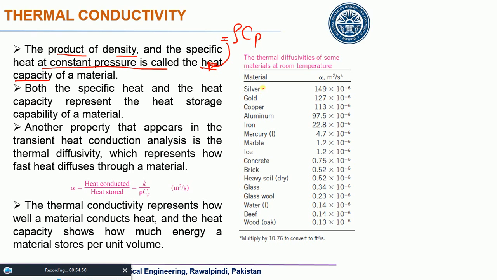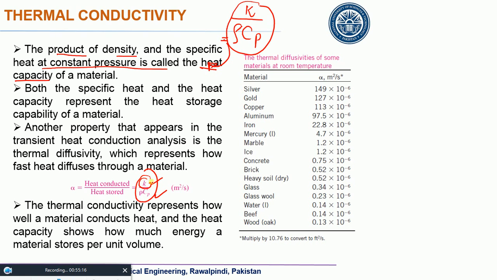What you can do is always take the ratio K over rho Cp. Now ideally this K over rho Cp would give you what? A comparison of the heat conducting property of a material and the heat storing property of a material. If this magnitude is higher, what does that mean?